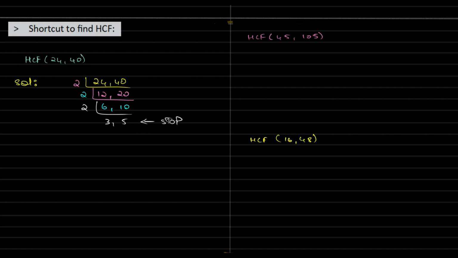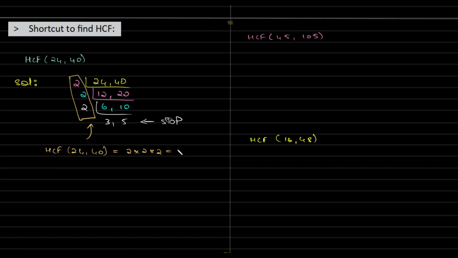So the shortcut to find the highest common factor is writing all the factors this way, stopping when you don't get any more factors, and multiplying them will give you the HCF. Again, that's for me, and if you find something else more convenient, do that.